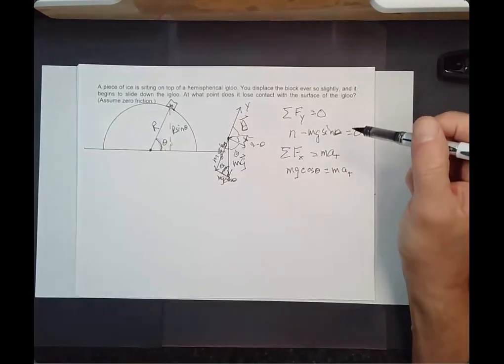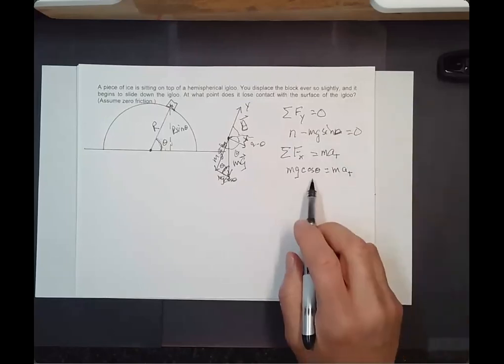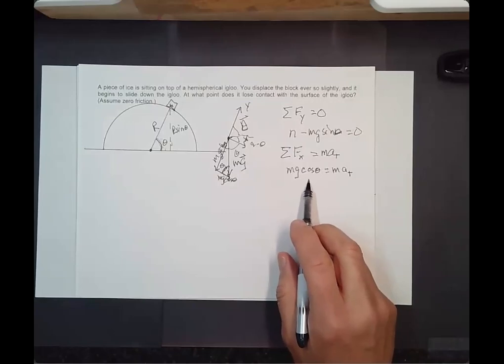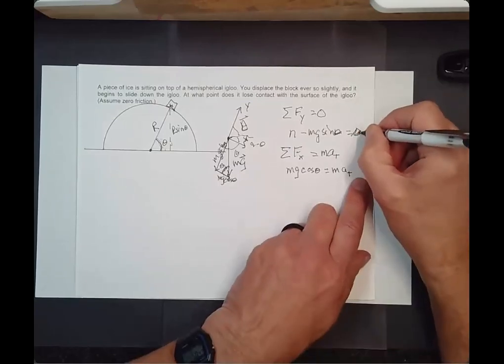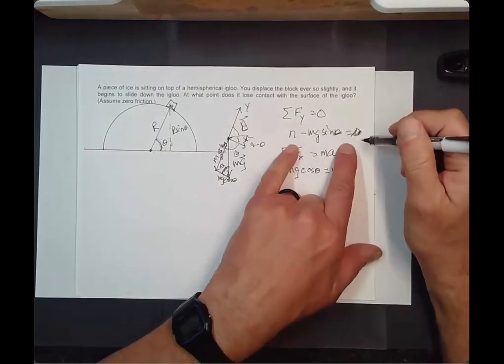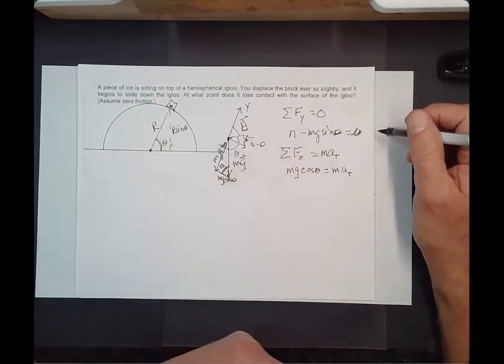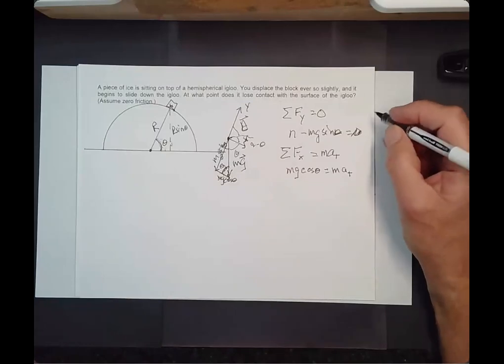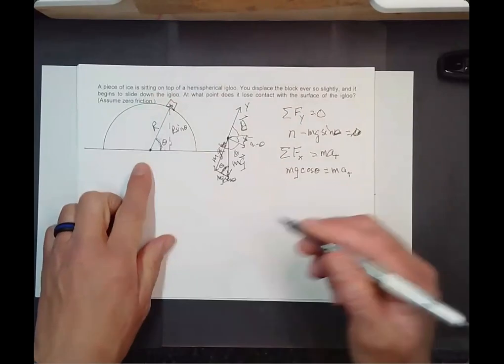So we've dealt with situations where we've had either 0 acceleration or constant acceleration. Here we have one that's going to be changing continually as we drop down there. And actually, this isn't equal to 0. The normal force minus mg sine theta, as soon as this thing starts to move, it's going to have a centripetal acceleration toward the center of the path.